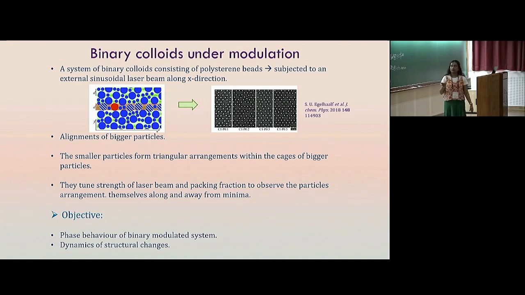As a result, the bigger particles get aligned along the potential minima and the smaller particles get arranged within the cavities the bigger particles make. But there has not been much study on the phase behavior, dynamics or kinetics of such a system. So, our objective is to probe into that.